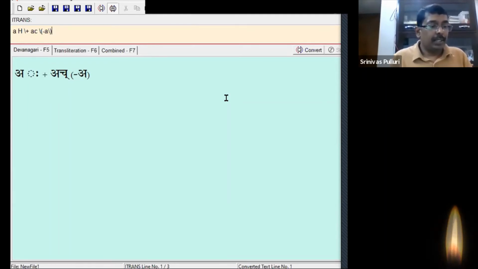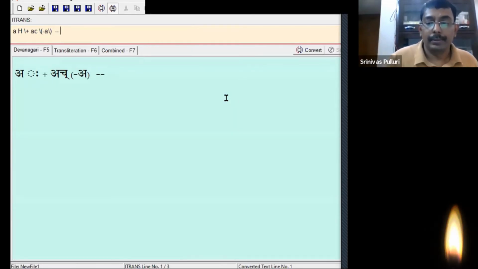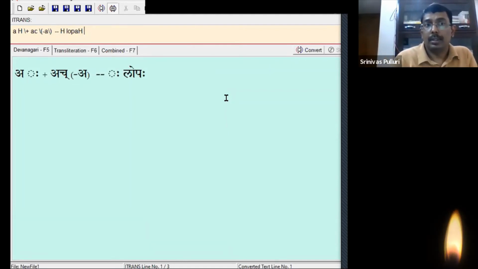So visarga is preceded by a and followed by any vowel other than the short a. What is going to happen? Visarga is going to be dropped. Lopaḥ. Visarga preceded by a, followed by ach other than a, becomes lopaḥ.